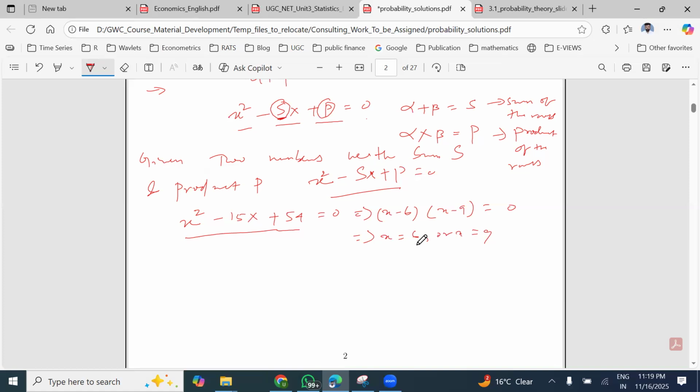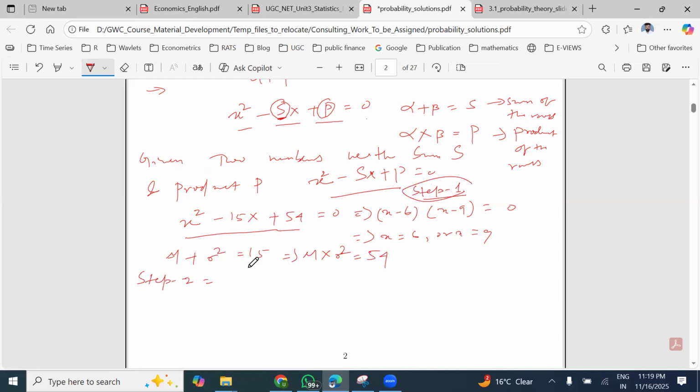Next step: we already know the roots, mu plus sigma square is 15 and mu into sigma square is 54, and we know the numbers that add to 15 and multiply to 54. So step number 1 is to find these roots.